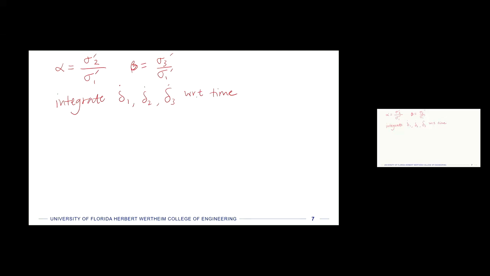So we'll get delta 1, the magnitude of this creep strain, is equal to B times time times the first true principal stress to the 1 minus big N power. To the N. Okay, to the N power.